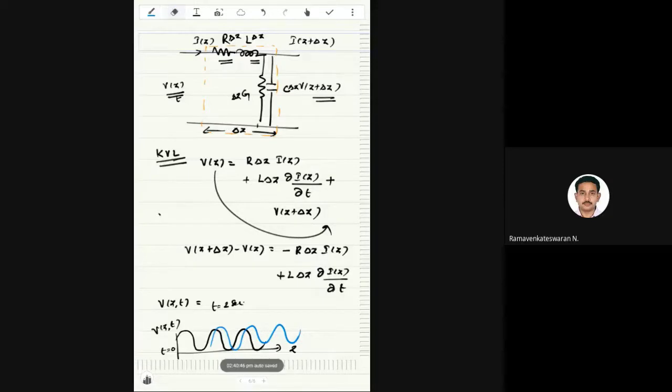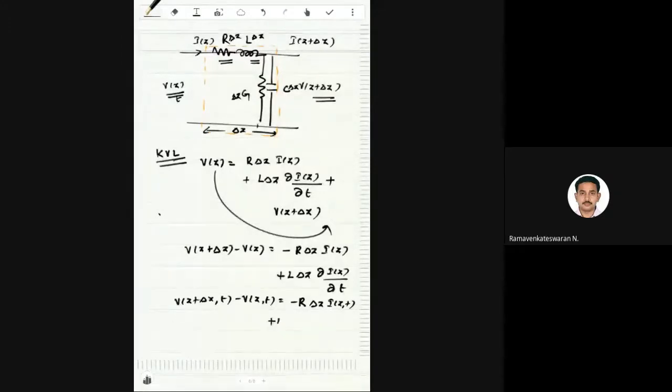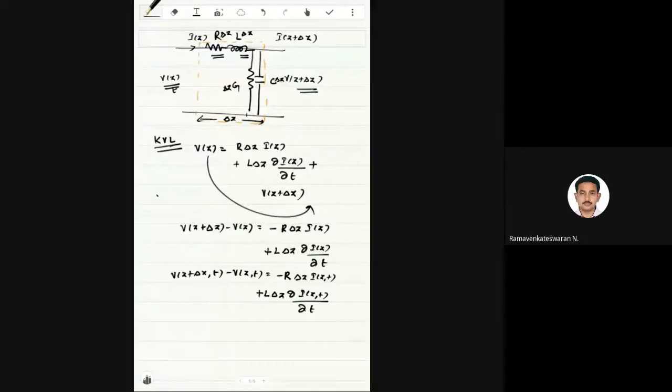So sometimes the same equation we would write like this: V of Z comma T. What I can do here is rewrite this as V of Z plus del Z comma T minus V of Z comma T equals minus R into del Z times I of Z comma T, plus L into del Z times dou I of Z comma T by dou T. Here I can see one basic relation of it.